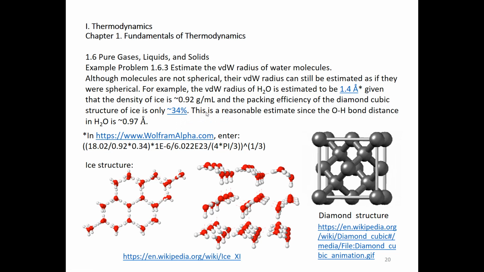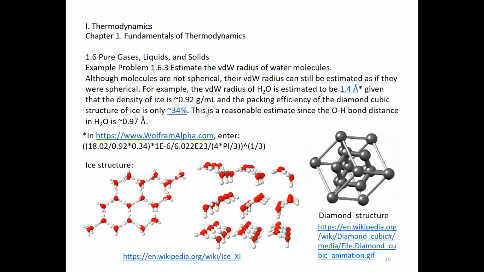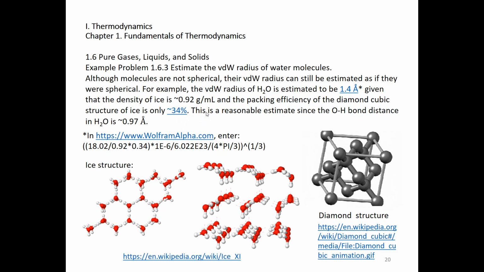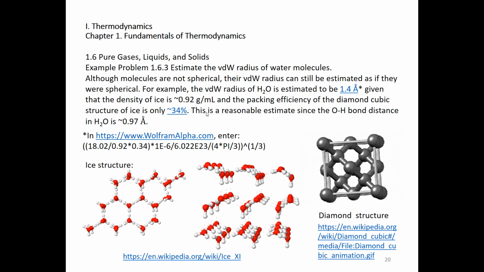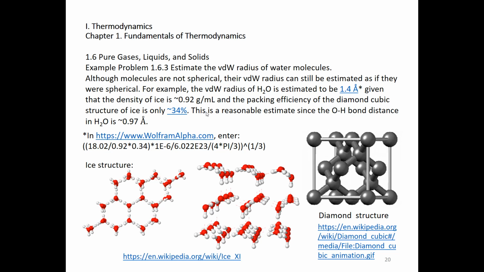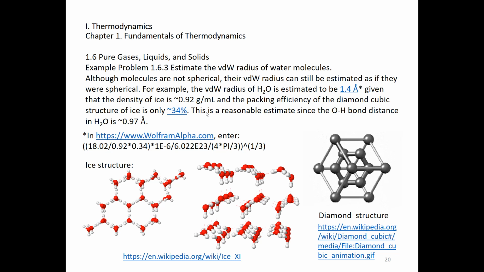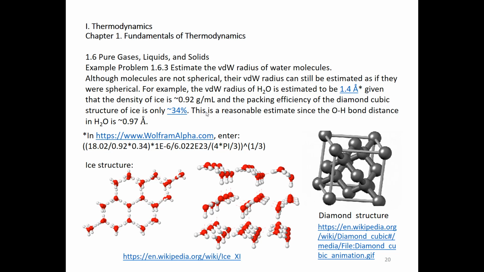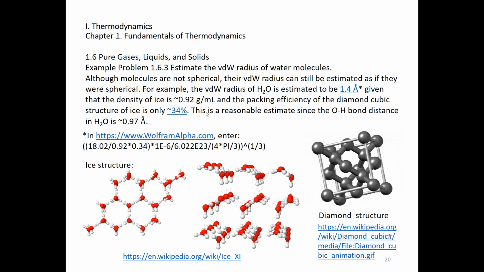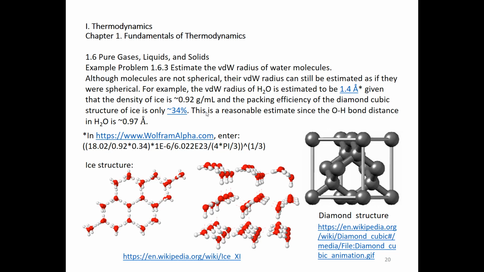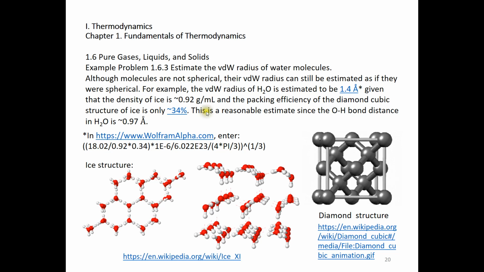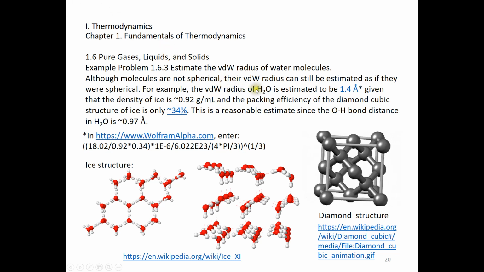And this number divided by the Avogadro constant, we will be able to get the volume of one individual water molecule. Now we're going to assume it's spherical. Again, we're going to use this equation. 4/3 times pi r to the power 3 is equal to the volume of one water molecule. From this equation, we'll be able to calculate the van der Waals radius.